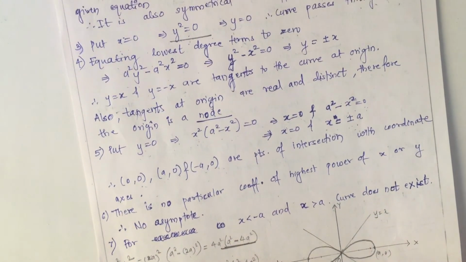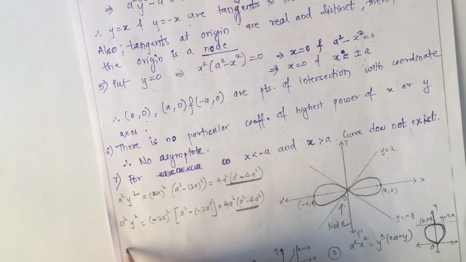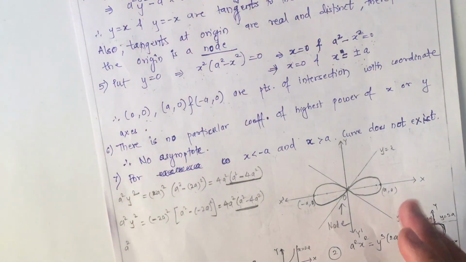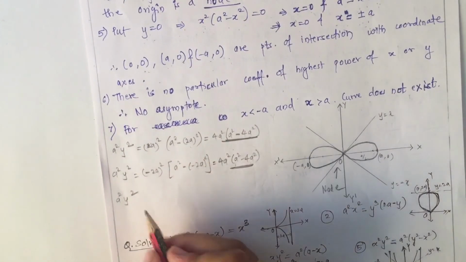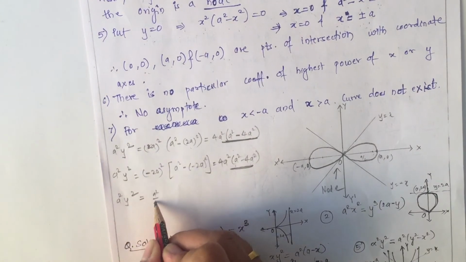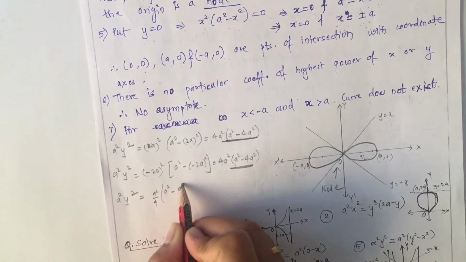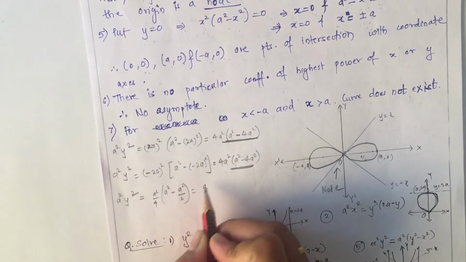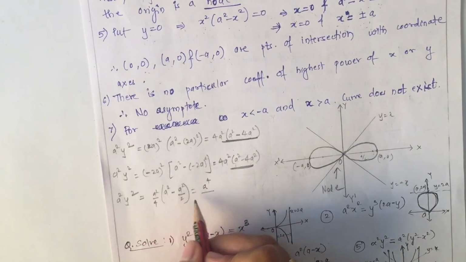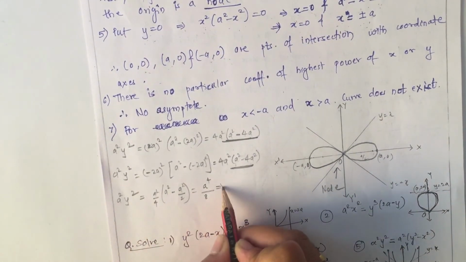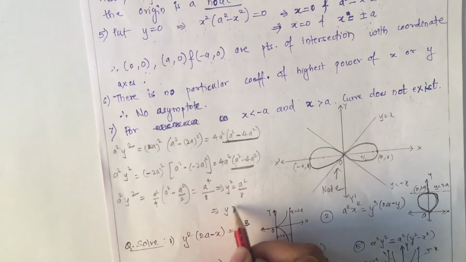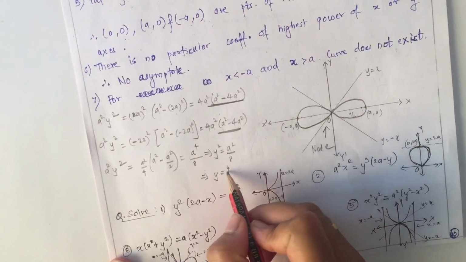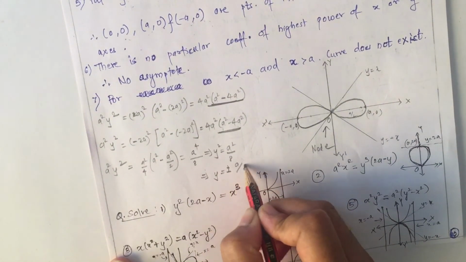If you want, you can check values at a by 2 or minus a by 2 and check how y varies. Suppose I substitute x equal to a by 2 in the equation. This becomes a square y square equal to a square by 4 into a square minus a square by 4. Means this becomes a raised to 4 upon 8, means I can write y square is equal to a square by 8, where I obtain y equal to plus or minus a by root 8.